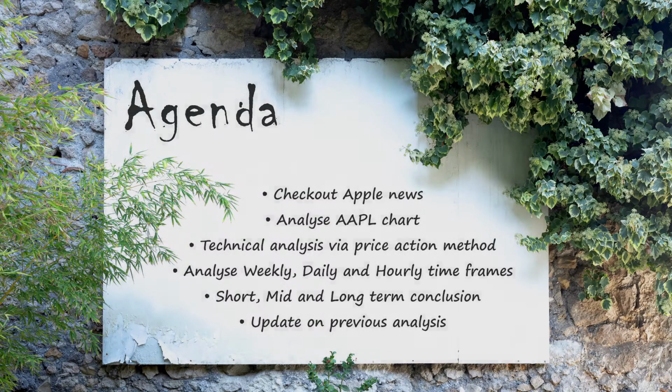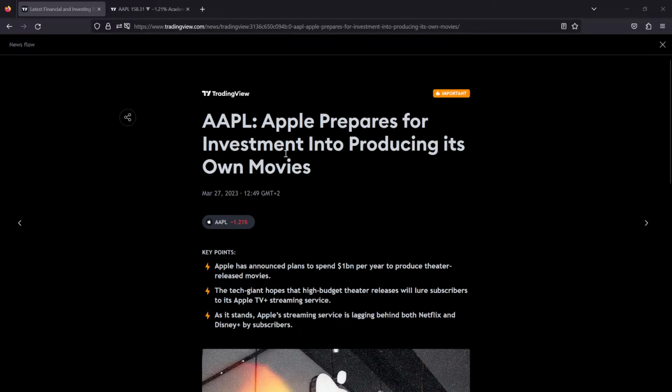So let's start with the news. The title is that Apple prepares for investment into producing its own movies. The key points are Apple has announced plans to spend 1 billion per year to produce theater release movies.